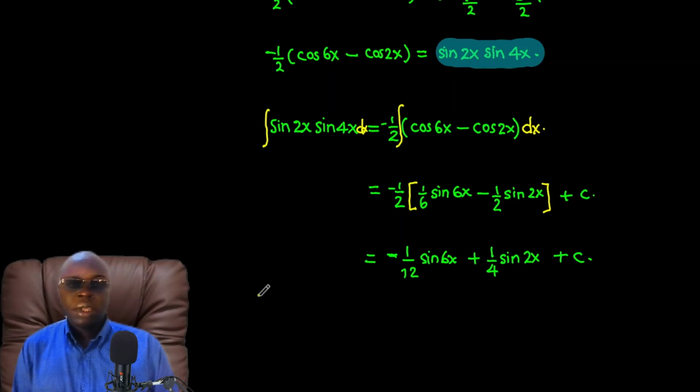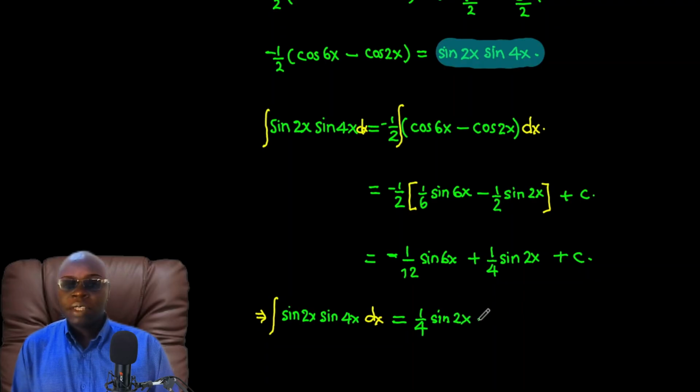Now, this implies that when you have an integral of sine 2x, that means sine 4x with respect to x, the result you will get would be exactly what we have here. We are starting with 1/4 sine of 2x.